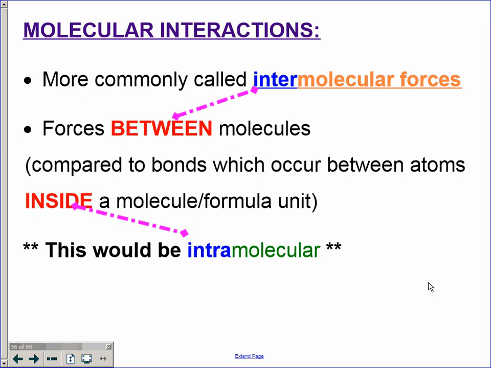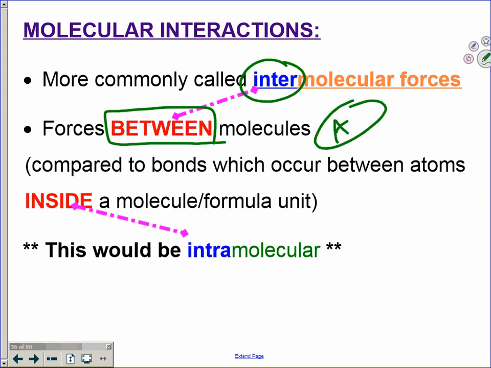I'm just saying two because that's the most simplistic view I can make. So the prefix inter just means between, right? So if I'm talking about intermolecular, put it together for me. Between molecules. Right, so we're talking about two molecules, molecule A and molecule B, and we want to know what they're doing between the molecules.